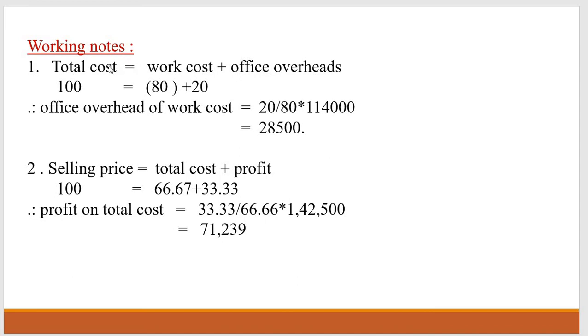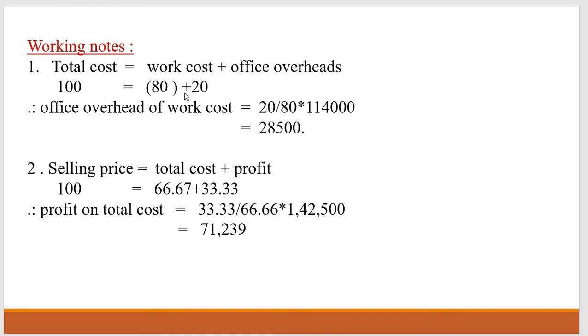I repeat, total cost is equal to work cost plus office overhead. Let me take total cost as 100. Office overhead is 20% of total cost, so office overhead is 20% and work cost is 80.